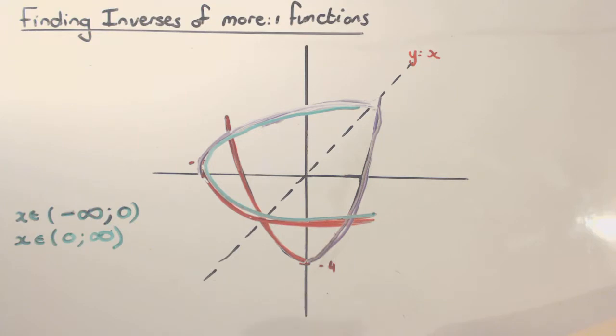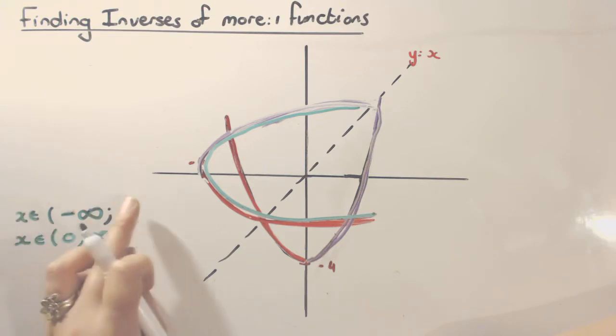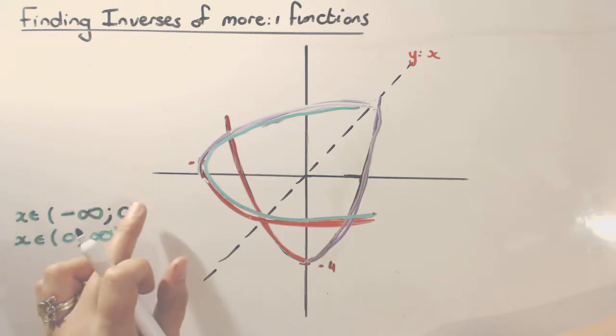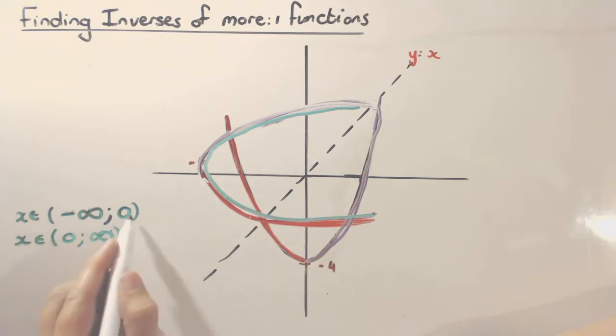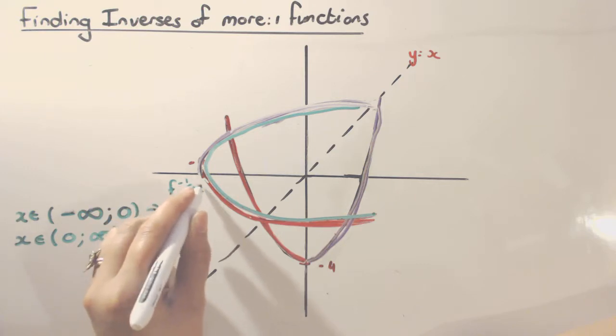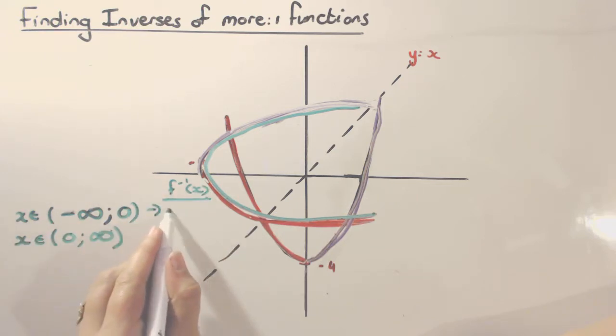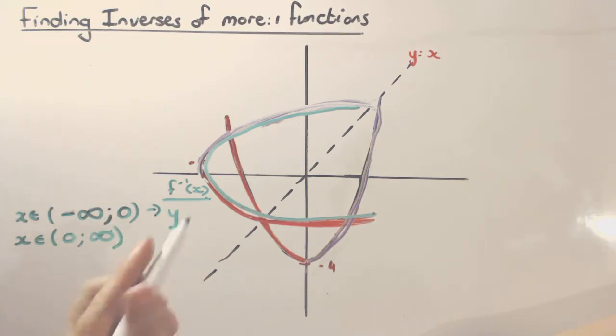And if I only take this part of the function so that x lies between negative infinity and 0, which is the red part, then my inverse function will have a restriction on the y values, because in the inverse I swap the x and the y values.